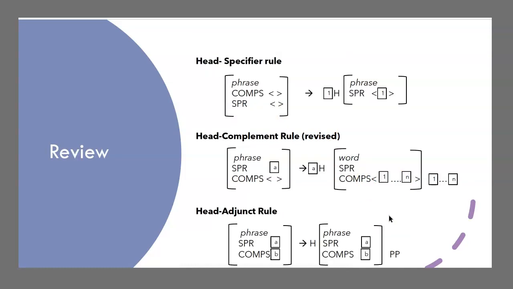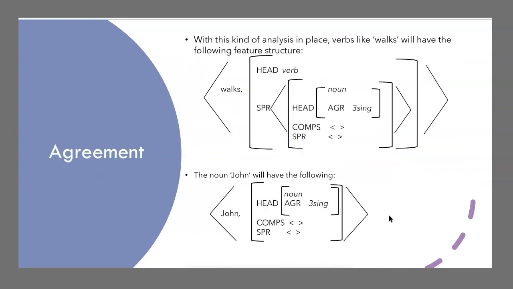Right. Any other question? Sir, in that slide where we said John walks, the specifier value was null for walks. Why, sir? Isn't John the specifier? No, here, this one is not John. This one is John. Okay, sir, what is the value of this? This is actually John.